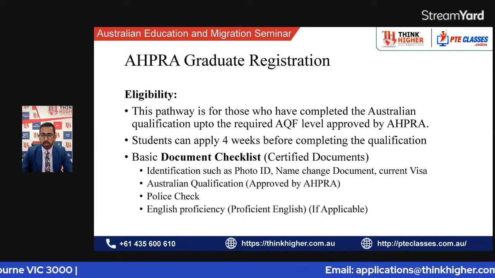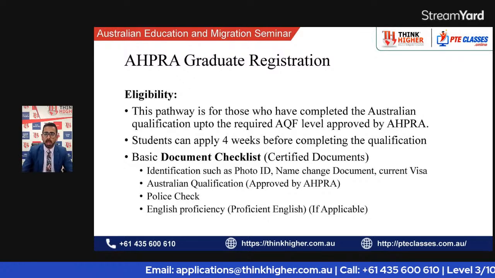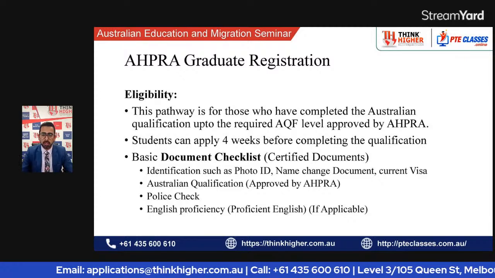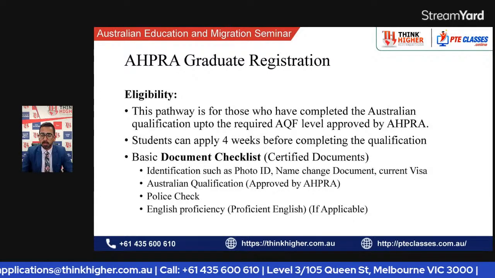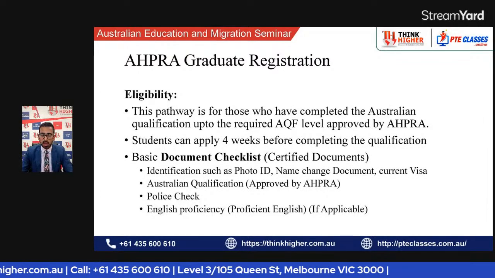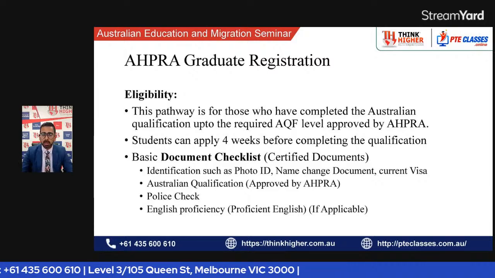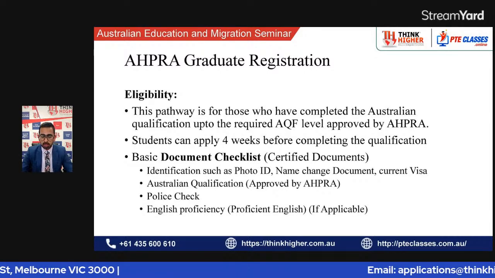Now, eligibility for graduate registration is quite easy. Once you finish the Australian qualification, you can apply even before getting a completion letter. Say your completion is about to finish in the next 4 weeks. You can still apply for the AHPRA registration prior to having a completion letter in hand. That's good.